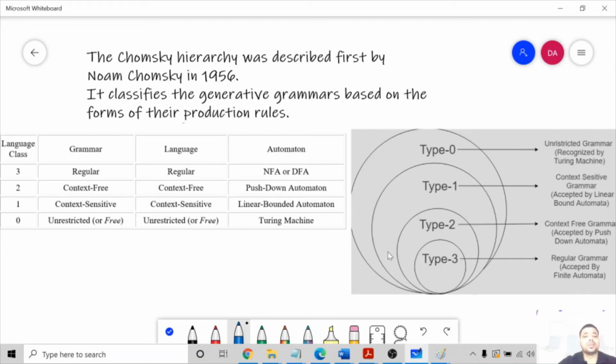So this is the classification of the different grammars based on the productions. Now we'll discuss some examples of what the different classes are and how we identify a grammar in any type.